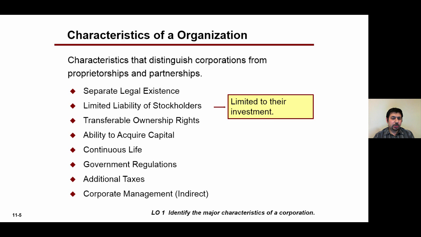Another main difference between corporations and partnerships and proprietorships is the limited liability of the owners. With partnerships and proprietorships, as we remember, the owners are liable.